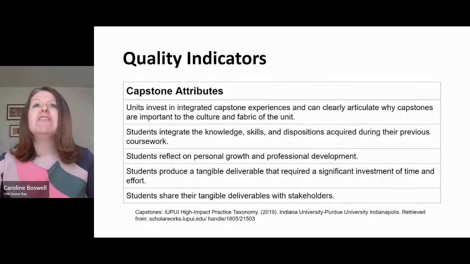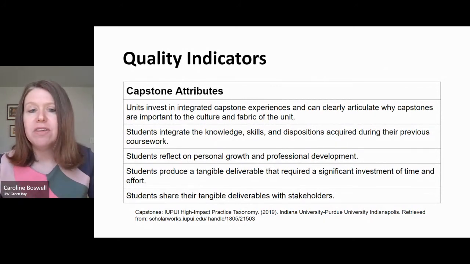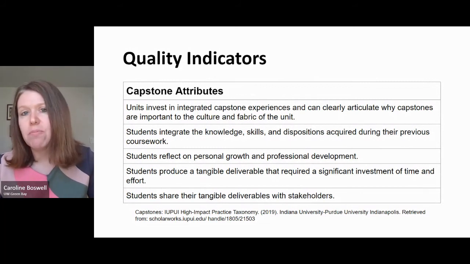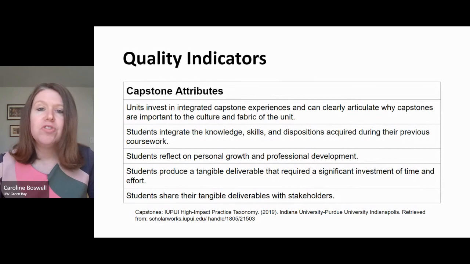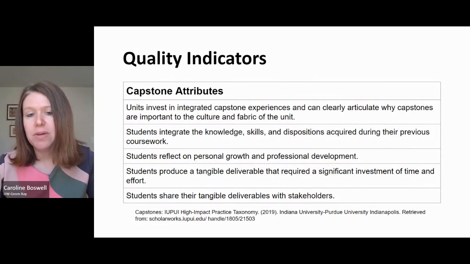But we want you to have this in mind as you're thinking about how the institution can implement these capstone attributes. What does this look like at the program level? What does this look like at the instructor level? What does this look like if you are a person charged with supporting faculty as they engage in this process, at the faculty developer or educational developer level, or potentially another administrative position, such as an assessment coordinator or specialist, right?